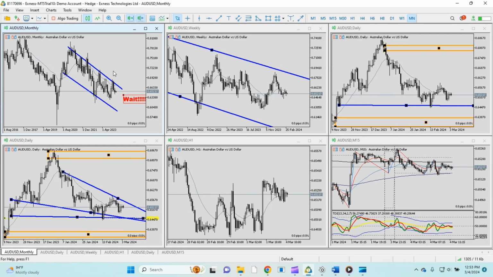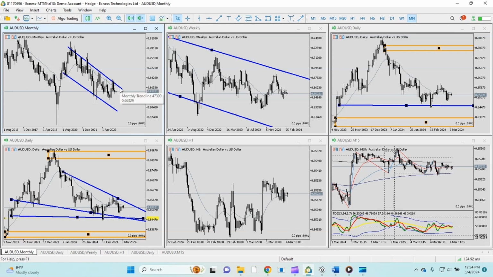For instance, before, I would have entered this market here. The moment I see the market is down, I will just enter down. But now you need to wait. Either you wait for the market to come here. You now know that there is a trend line, and if the market comes to this area, you should be aware that there are liquidities in this area.